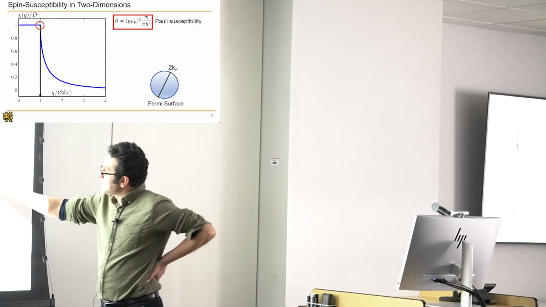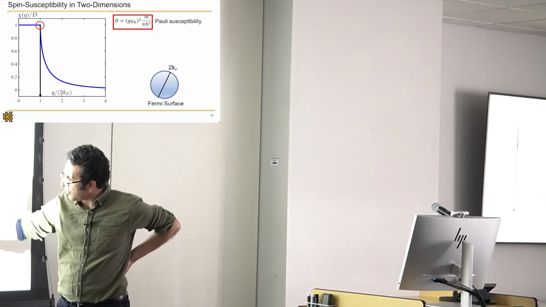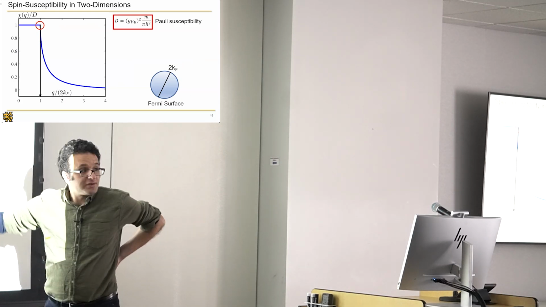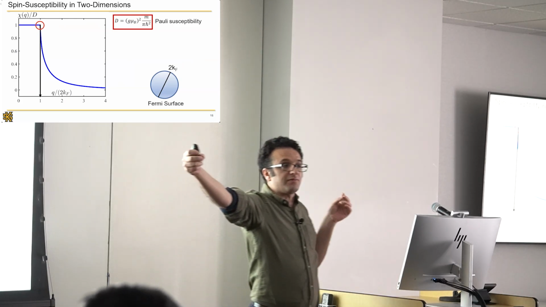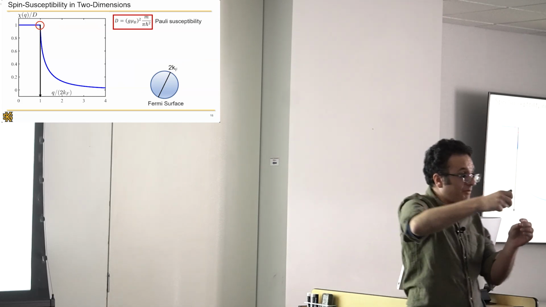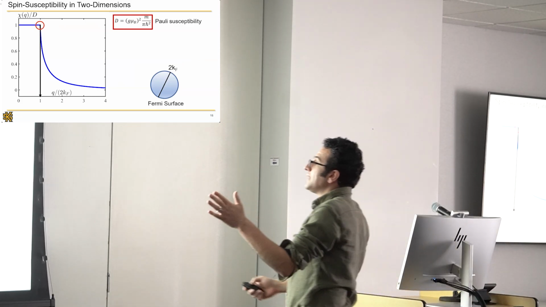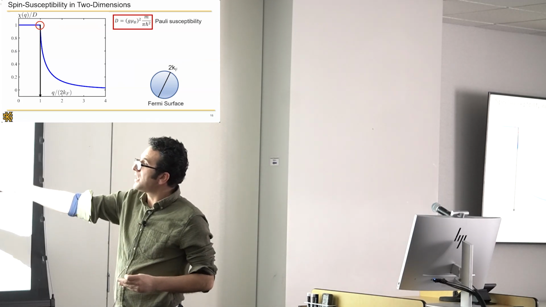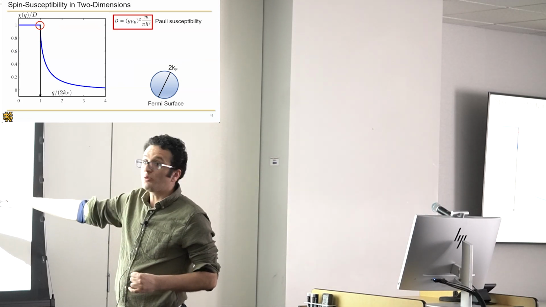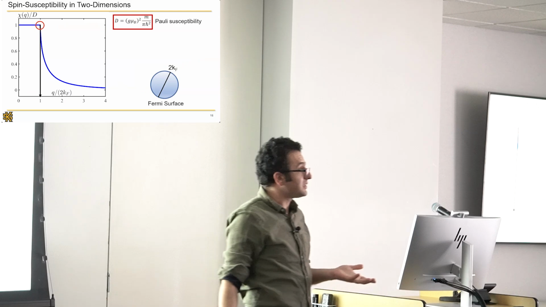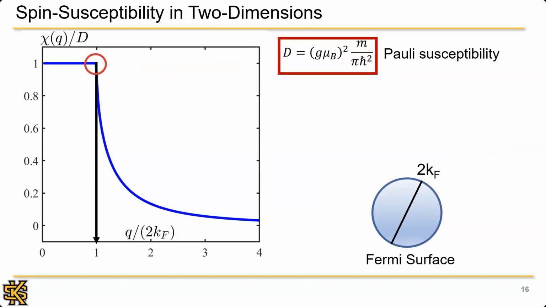Twice k Fermi is the largest Fermi wave vector that traverses my Fermi surface, right? My Fermi surface had a radius k Fermi, so the largest vector is twice k Fermi. Now as soon as I exceed twice k Fermi, it's harder for my electrons to respond to the external spins, and therefore the spin susceptibility is going down.